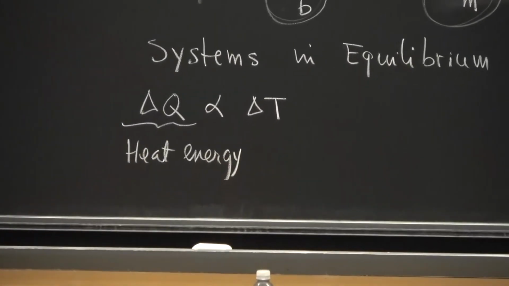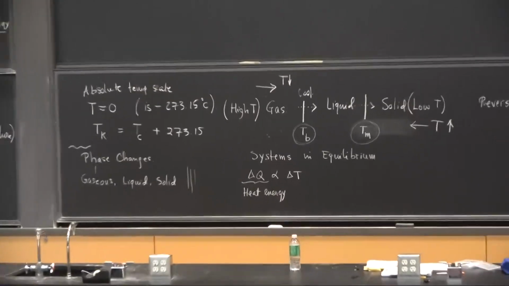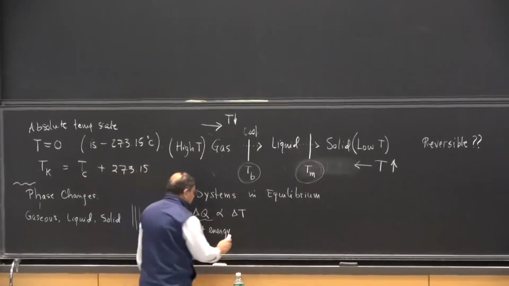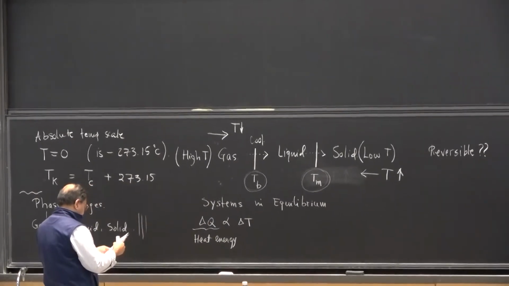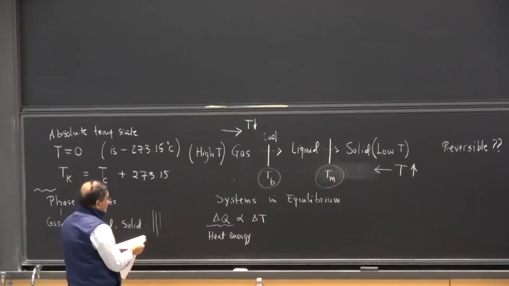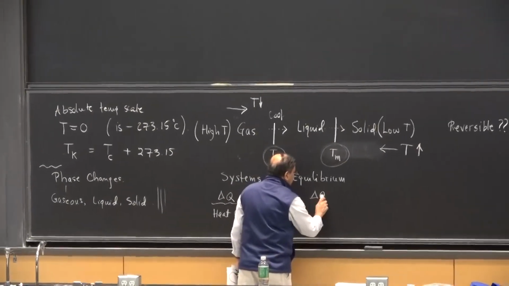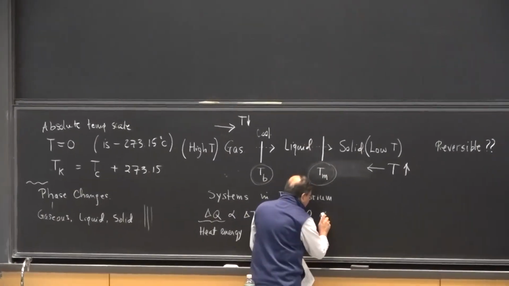We all have a certain amount of heat energy in us by virtue of the fact that the molecules are dancing around in our systems. And this, of course, is the corresponding change in temperature. It turns out that naturally the amount of heat energy that will be involved is also proportional to the amount of the material.